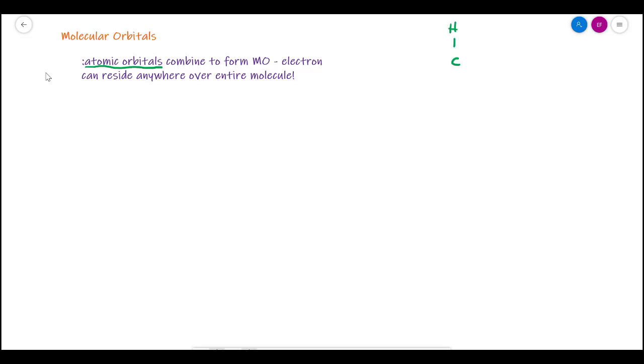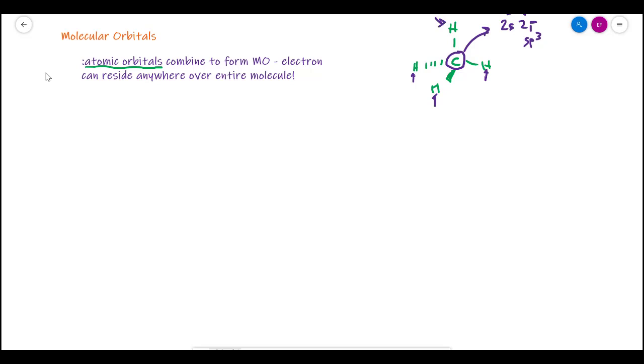We took the individual atomic orbitals on carbon, specifically the valence 2s and 2p, and we smashed them together and made these new sp3 orbitals. But they still were the atomic orbitals for carbon.